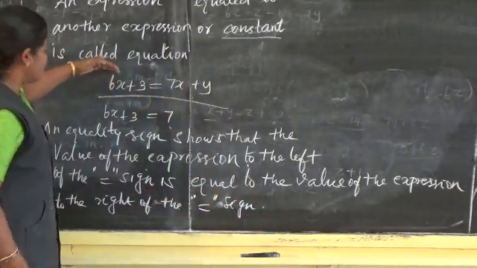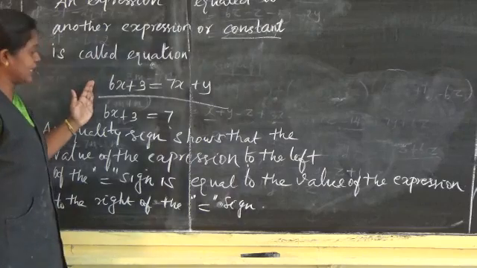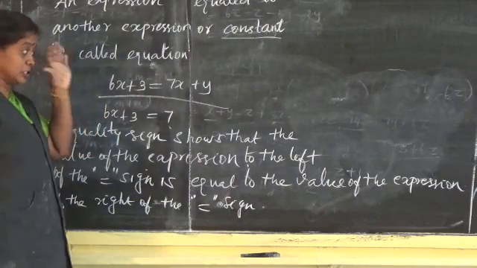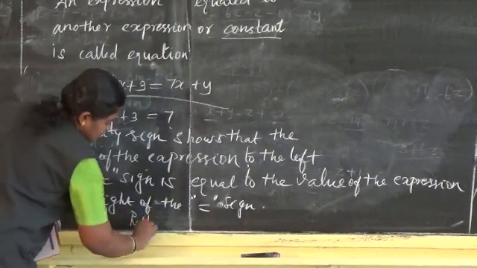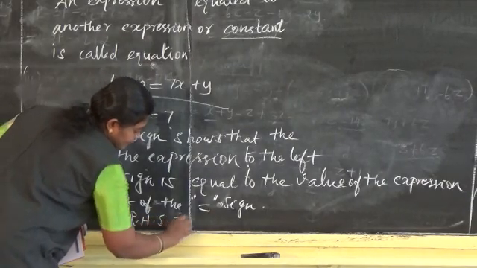That means the value of the expression to the right is equal to the value of the expression to the left. So you can say RHS equal to LHS.